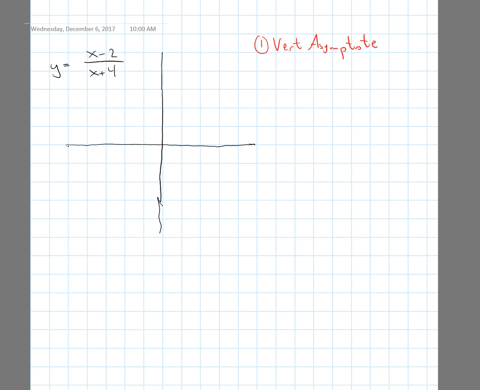A vertical asymptote is when the denominator can't equal 0, which in this case would be x can't equal negative 4. This is when x is negative 4. We're going to draw a vertical dotted line going through it. That's the method there.